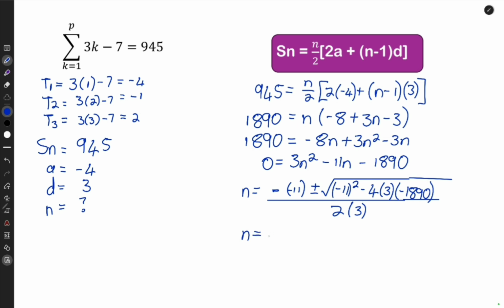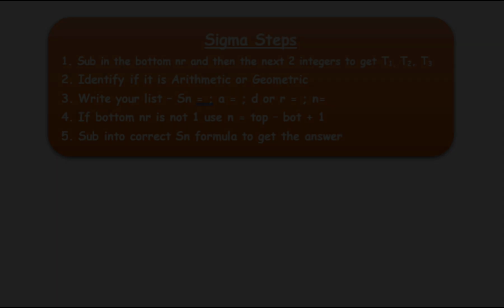Okay. If you type that into your calculator, first with a plus, then with a minus, then you would see that n is 27, or n is equal to minus 70 over 3, and that is a negative value. And like we discussed, patterns cannot have a negative or a decimal n value. So therefore, I'm going to disregard that answer. I'm going to say 27 terms of this specific sequence add up to 945.